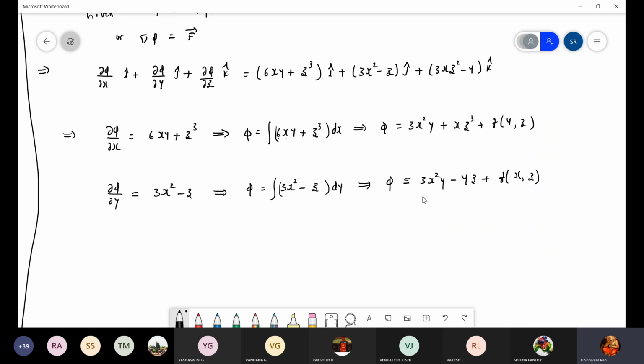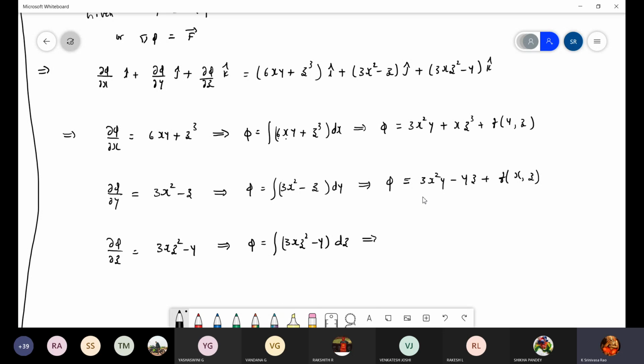Next, dou phi by dou z, the last one, equals 3xz square minus y. This implies phi equals integration of 3xz square minus y dz.